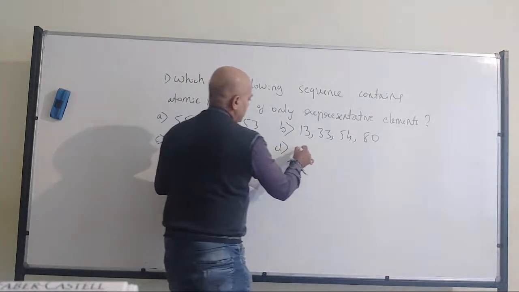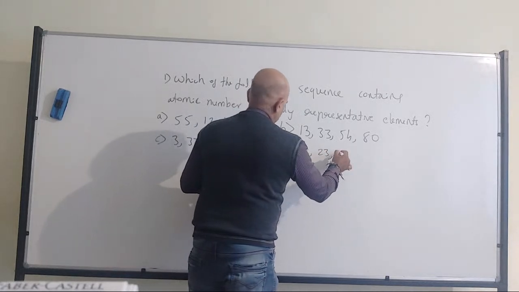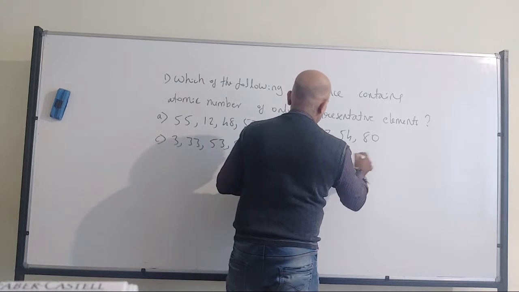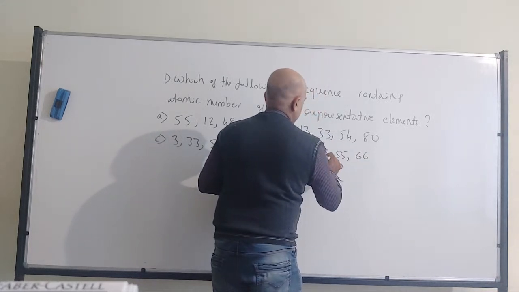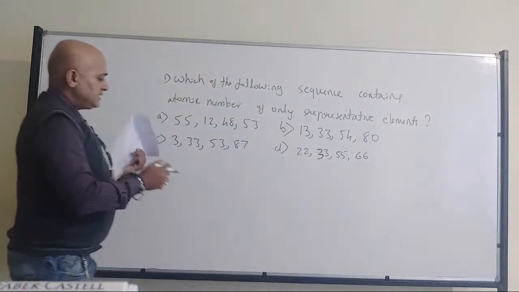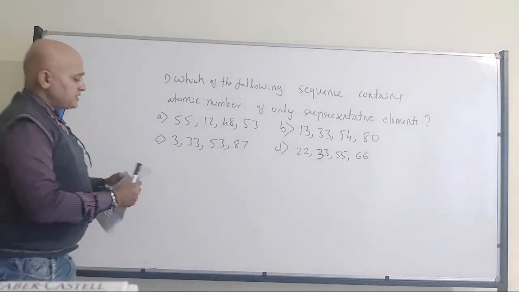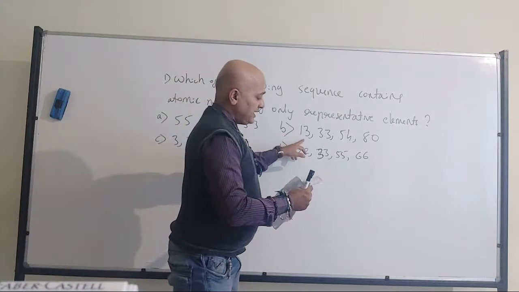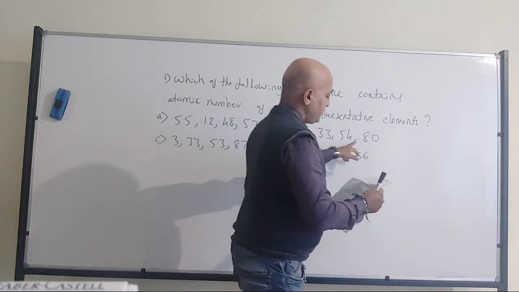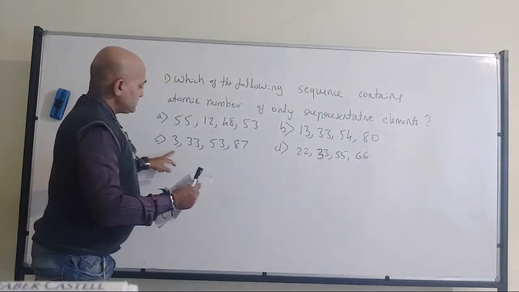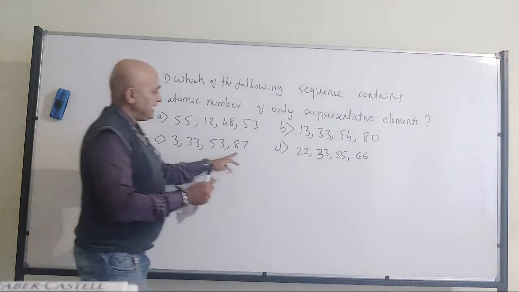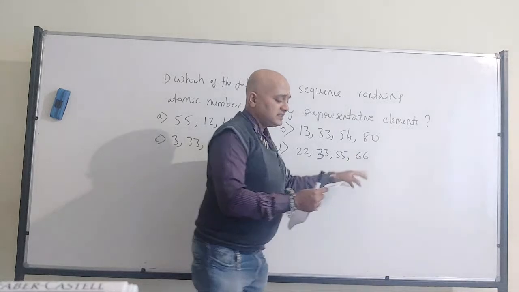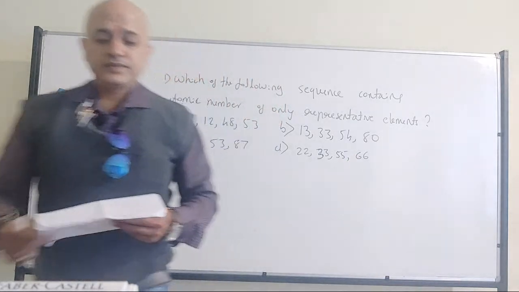Option D: 22, 23, 33, 55, 66. So that's where we have the numbers. So option A is 55, 12, 48 and 53. Option B is 13, 33, 54, 80. Option C: 3, 33, 53, 87. Option D: 22, 33, 55, 66. Tell me.